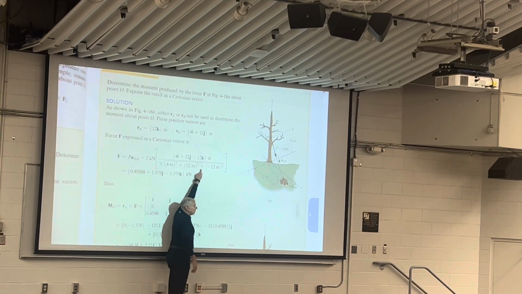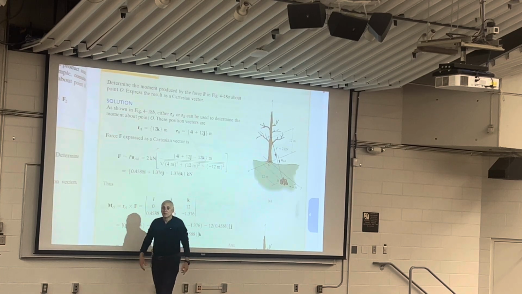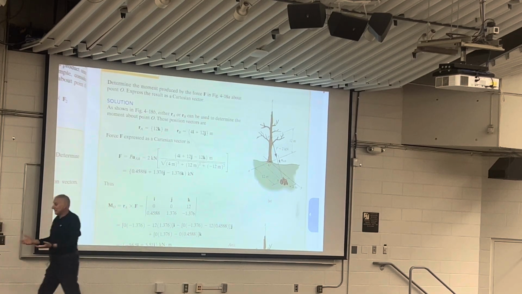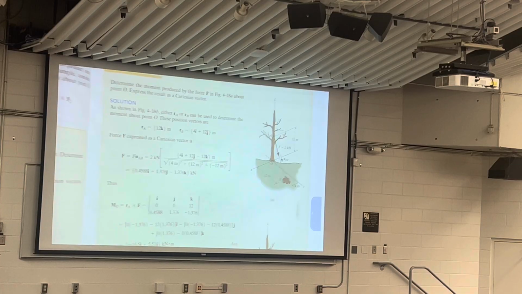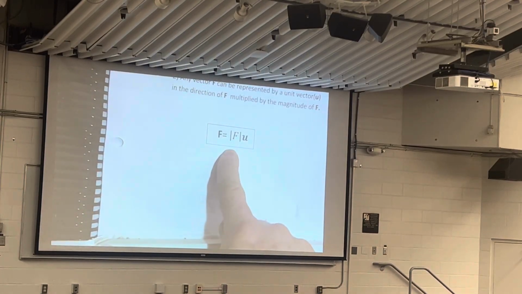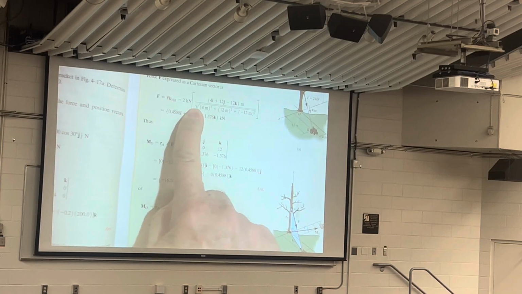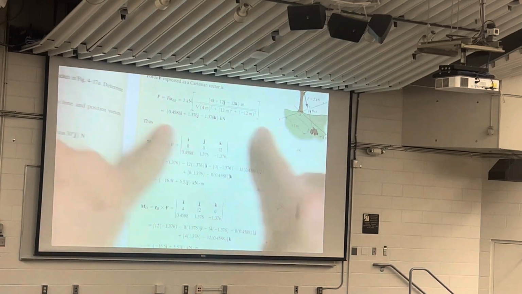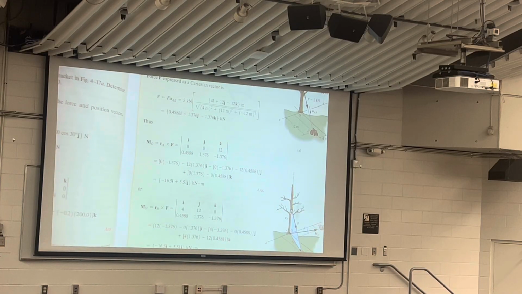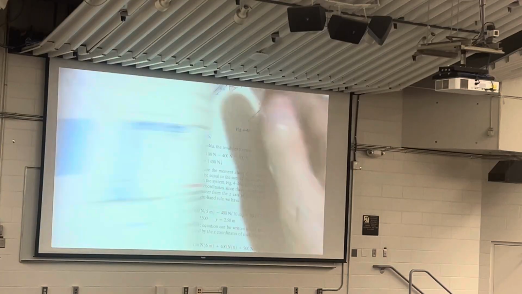There's the vector, and I'm dividing by its magnitude, which is exactly what I said we would be doing there. There's the force unit vector. There's the force, there's the vector divided by its magnitude. That in the brackets here is the unit vector. Agreed? Let's go to chapter 5.